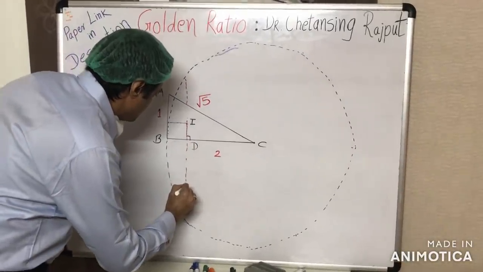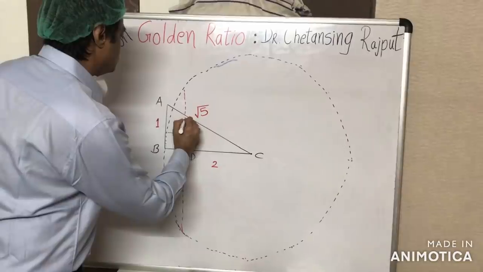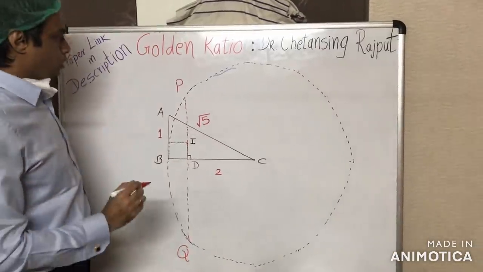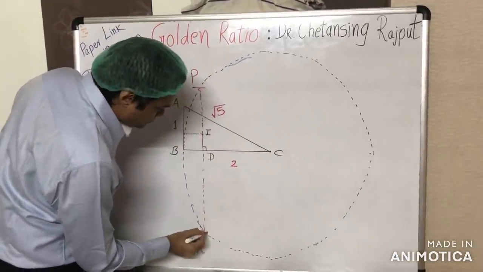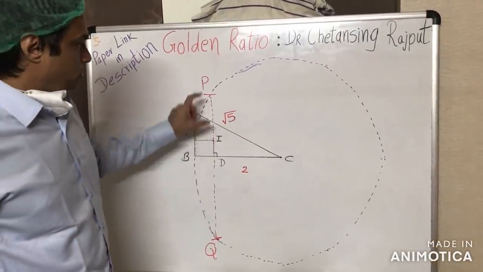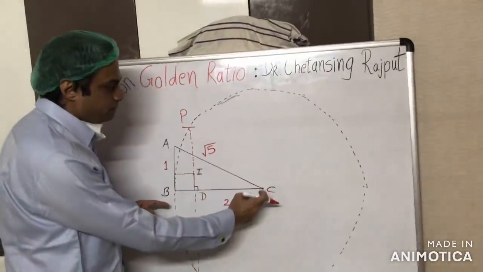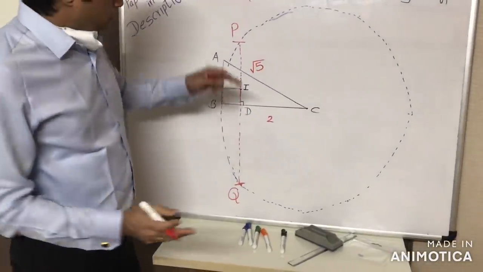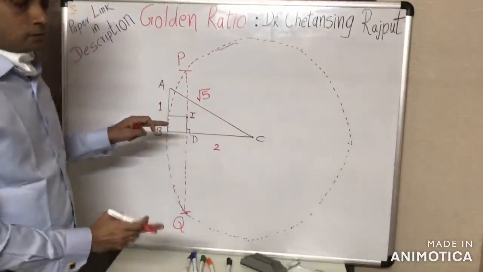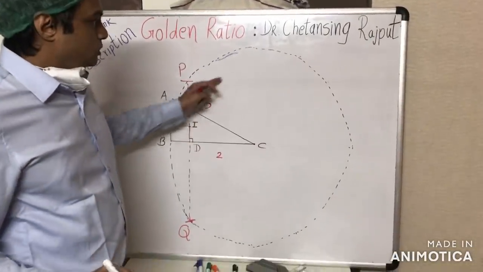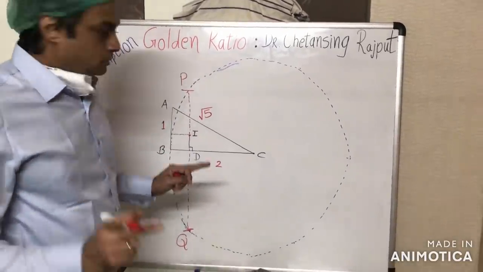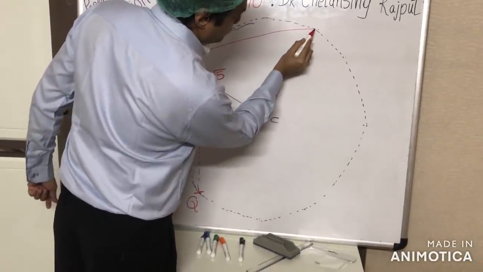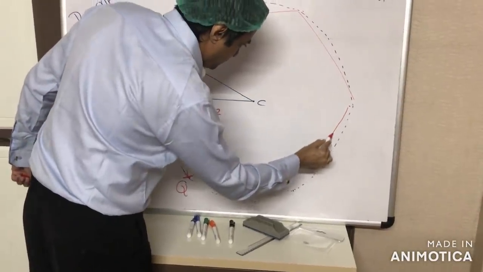I extend the inradius ID to intercept the circle at point P and point Q. This chord PQ, which is nothing but ID produced, is perpendicular to triangle side BC and is passing through the incenter I. In this case, this chord PQ provides the side of a regular pentagon which can be inscribed in this circle, like this.